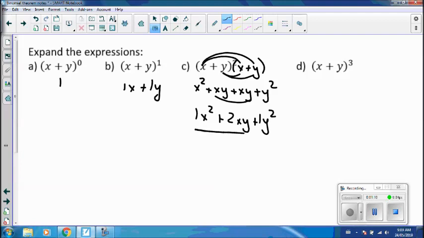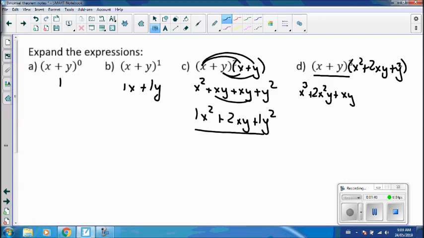And so if this is x plus y squared, I might as well multiply that x plus y squared, in other words this, by x plus y again to get x plus y cubed. So I'm going to distribute again and get 6 terms. So I'm going to get an x cubed, a 2x squared y, a xy.